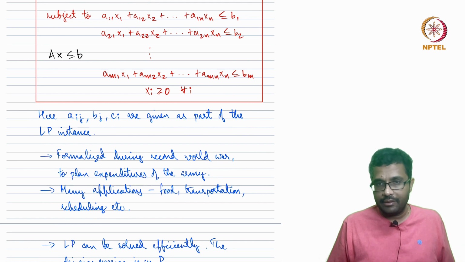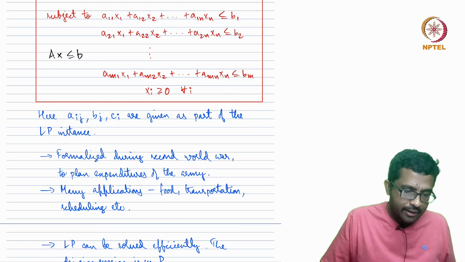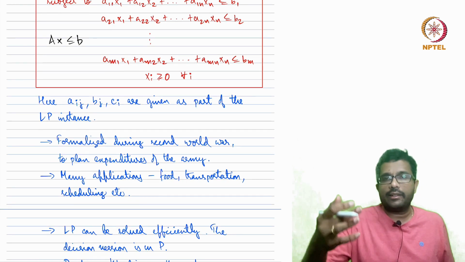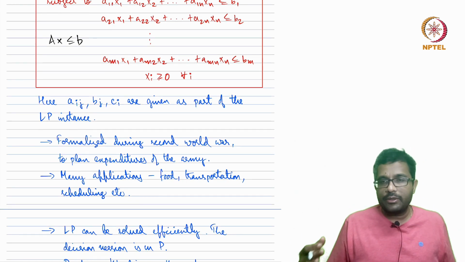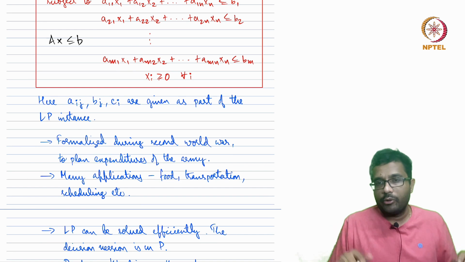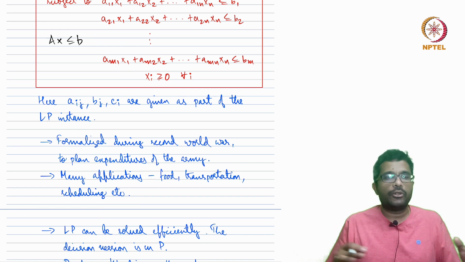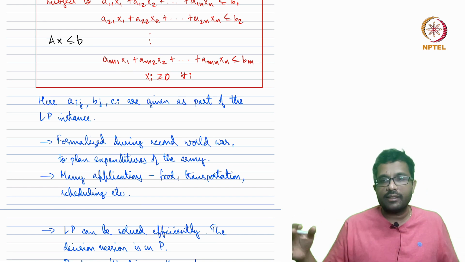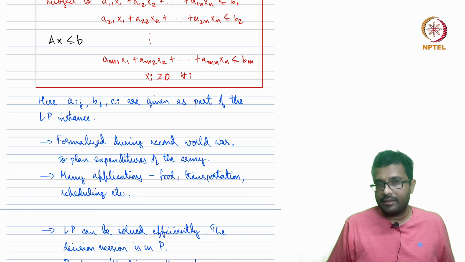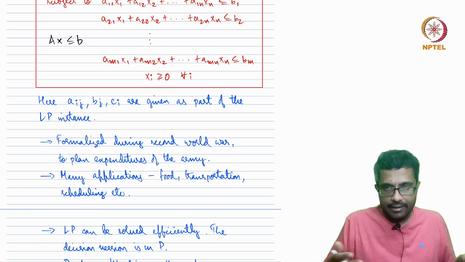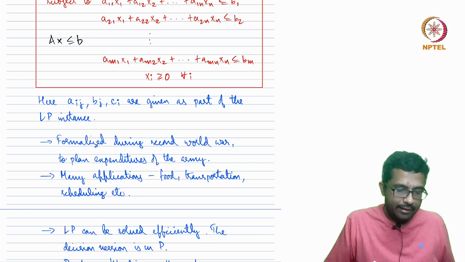So this is a food related question. Transportation: you have some resources, let's say you are an airline company and you want to optimize on how your fleet operates, right? Another thing is scheduling.